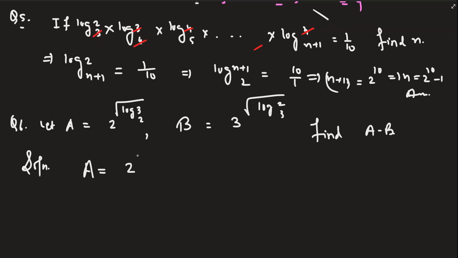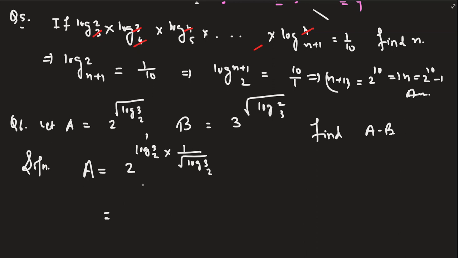Here we can do the rationalization. So it will be log of 3 base 2 into 1 by root over log 3 base 2. I just did the rationalization here, multiplying by the root of the same number, log 3 base 2, in numerator and denominator.